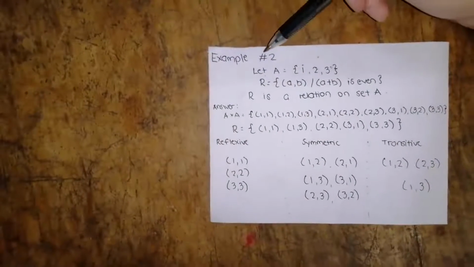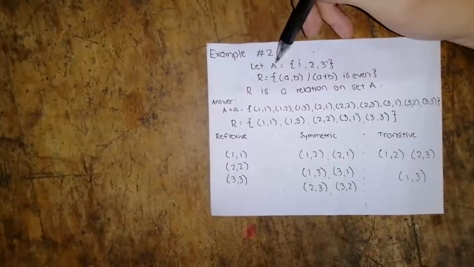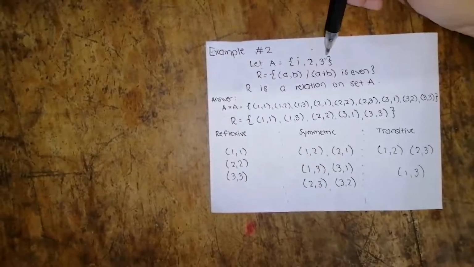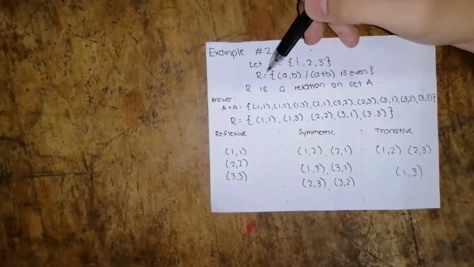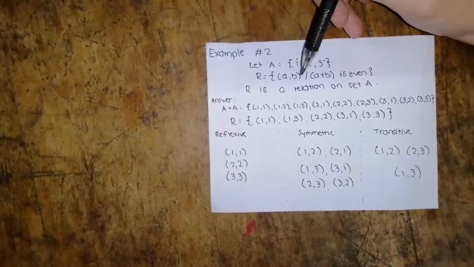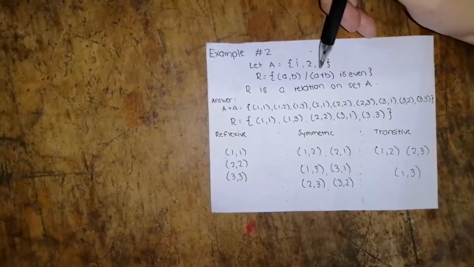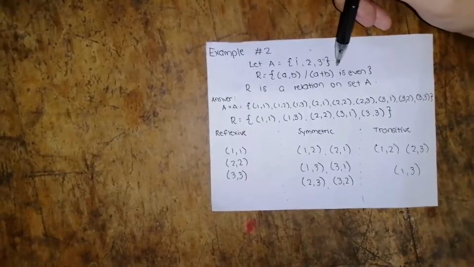So for our second example, we let A have the values of 1, 2, and 3. Relation R have ordered pairs A and B such that the sum of A and B is even.